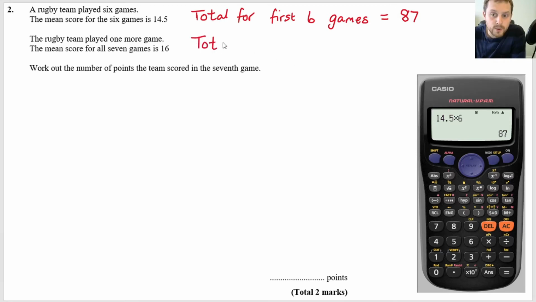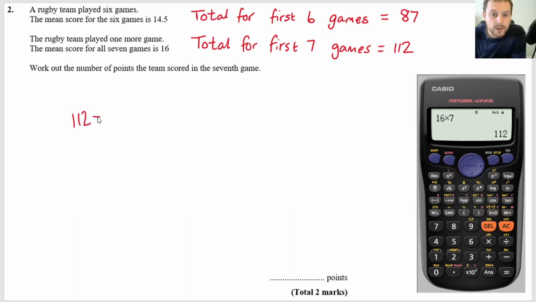Similar idea for this second part. I'm going to get the total for the 7 games. That's going to be 16 times 7. So 112. So there was some number of points scored in that 7th game.